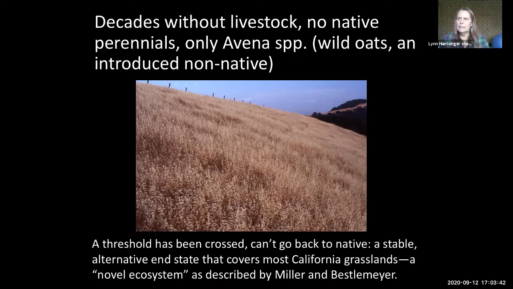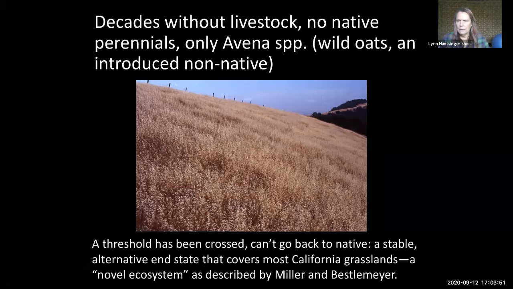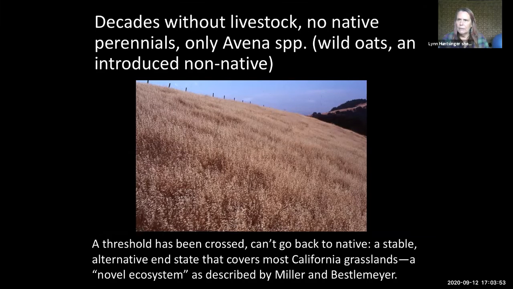But this is exemplary of the fact that in terms of our ecosystem state as a novel ecosystem, we've crossed a threshold, in my opinion, where going back will be very, very hard, and there may not be a good reason to do it, actually, at this point in time. Since the weather's getting warmer, the annual grasses may be better able to survive in many places anyway. But this is the novel ecosystem of California.